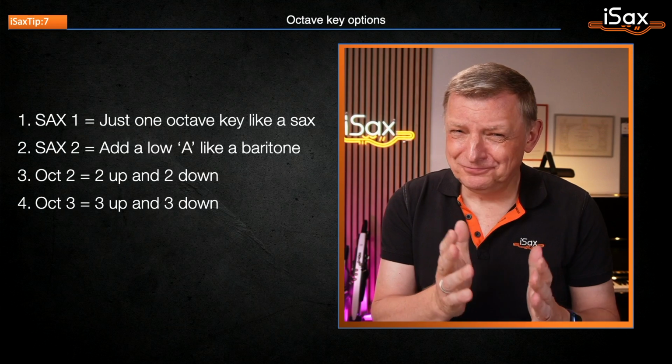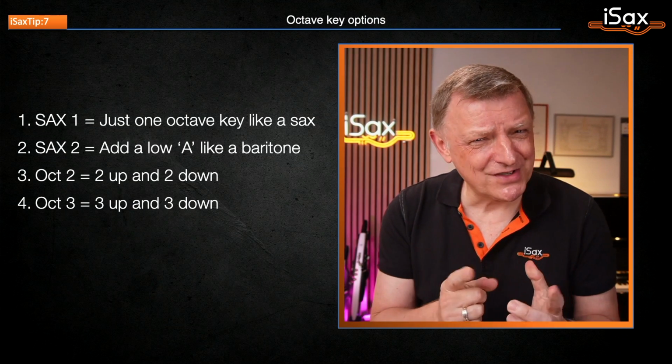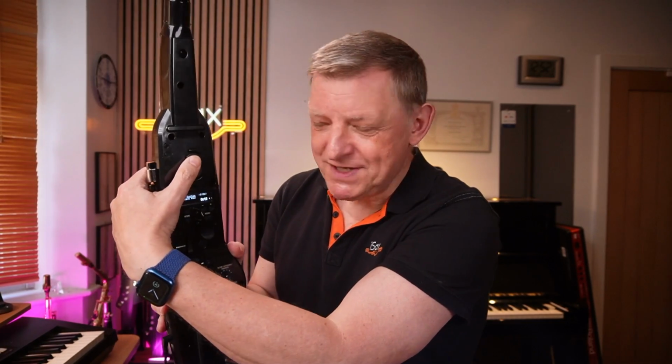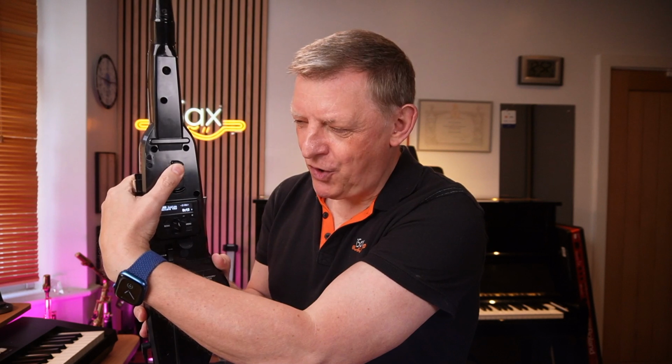But hey, we don't just want 2 octaves up and down. What about 3 octaves up and down, and how does that work? So I'm now going to set this to octave 3. Now in this setting, if I press the first octave key up, well then, as you probably guessed, I get 1 octave higher. If I hold that first octave key down and then press the second octave button, now I'm 2 octaves higher.